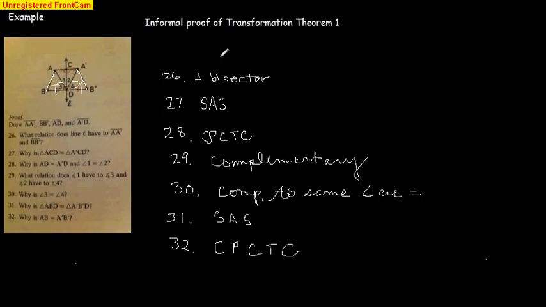So this is problems 26 through 32. I did them in the last video, so we can just look at them real quick. This is that problem that I just showed you from the theorem, where they had A and B and A prime and B prime, and they said it preserves the distance when the points reflect. So we're going to prove that AB is equal to A prime B prime.